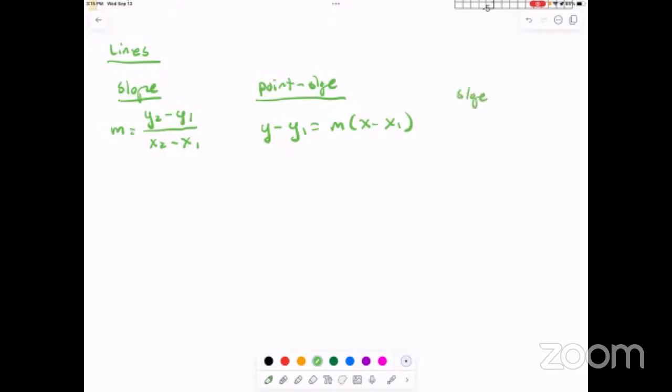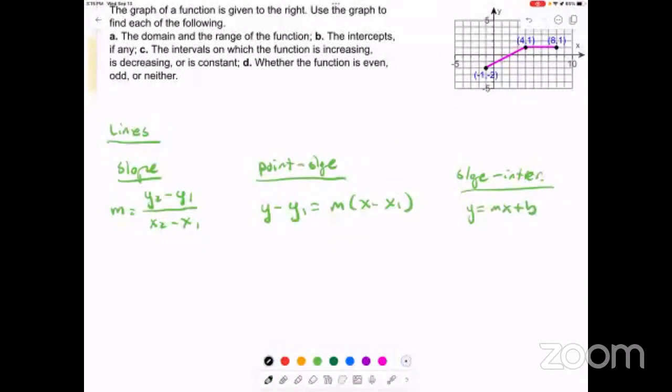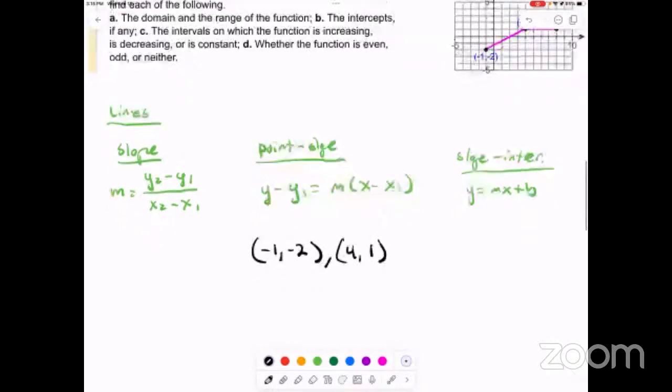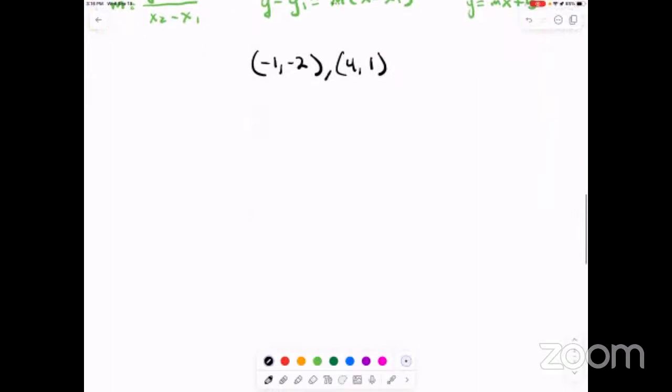Okay, so we want to find the equation of the line through the 2 points. We have -1 comma -2, and we have 4 comma 1. Whenever we have an ordered pair, I like to label it x1 y1, x2 y2. So then let's go ahead and find the slope.